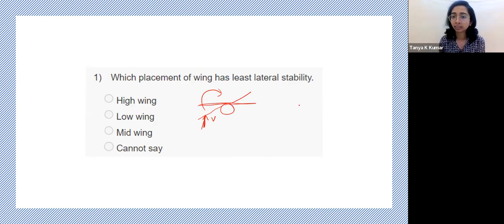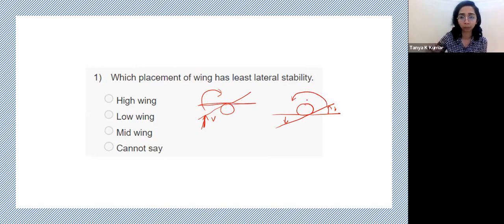So the same thing, you have a low wing. For the same orientation, the effective normal component will now act here, and you will have a component here. So there is a lift produced here, which produces a further destabilizing moment. There is no restoring moment produced.